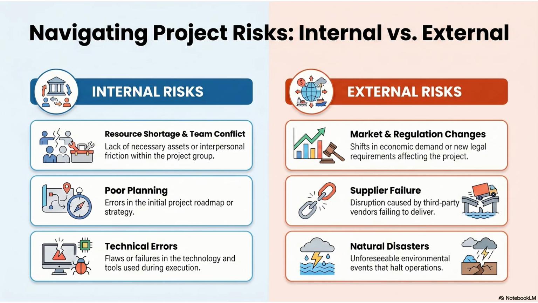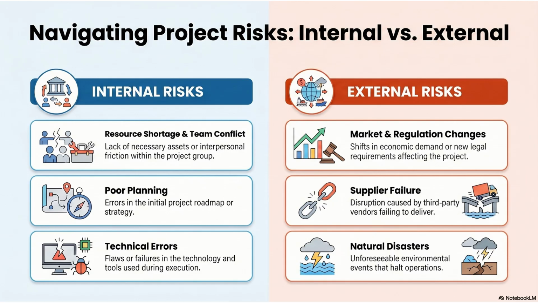Now let us look at external risks. External risks come from outside the project and are often harder to control directly. For example, market and regulatory changes may affect the project requirements, budget, or timelines. A change in policy or economic conditions can create risks even when the project itself is well managed.